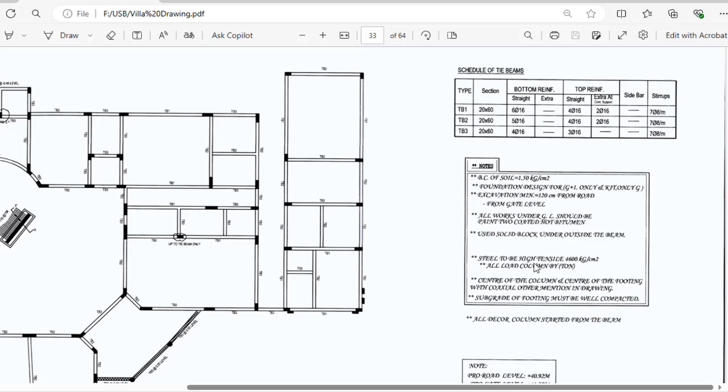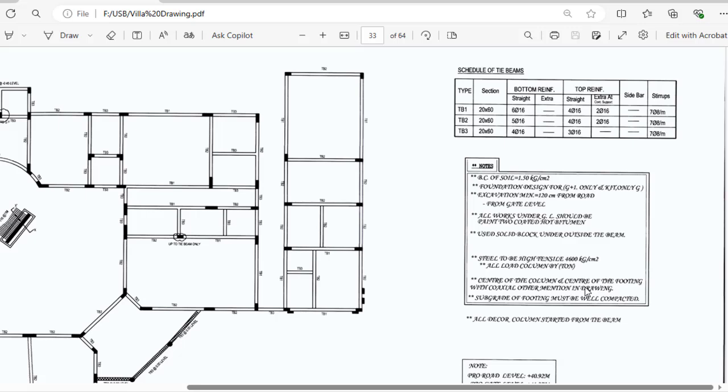Steel high tensile strength is 4600 kg per centimeter square. All column loads you will take in tons. Center of the column and center of the footing should be coaxial, unless otherwise mentioned in the drawing. It means the center of your footing and column, everything should be correct.